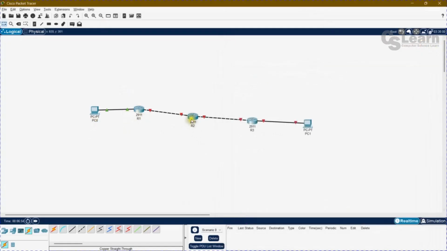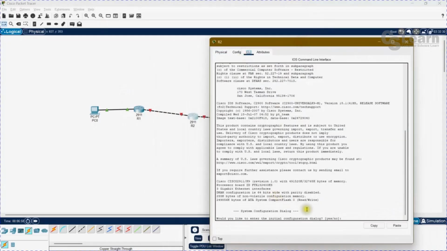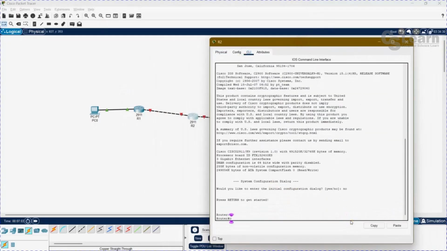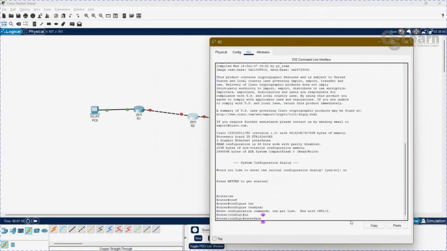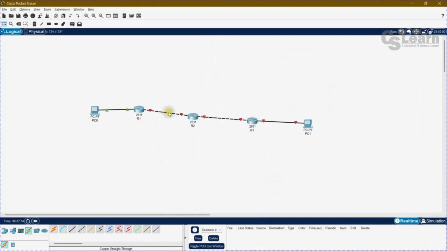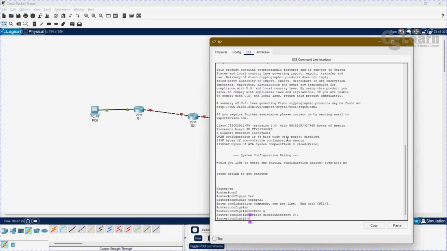Go with router 2. Right now go to router 2 CLI, enable, configure terminal. Here interface, what interface? Here we are going to take gigabit Ethernet 0/0.